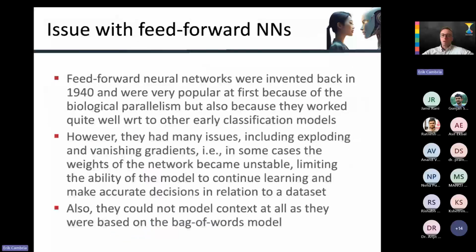So feed-forward neural networks were invented in the 40s, and they were very good at first, but then they had several problems. The vanishing gradient problem, for example, or overfitting, like the ones that we talked about yesterday. And the biggest problem was that they were still tied to the bag of words model.